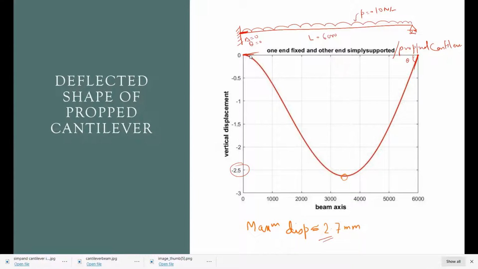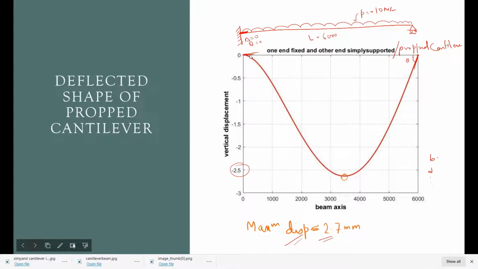The properties are the same: same load, same width, same depth. Just the support conditions are varied, one end fixed and the other simply supported, and the deflection increased to almost double the value.